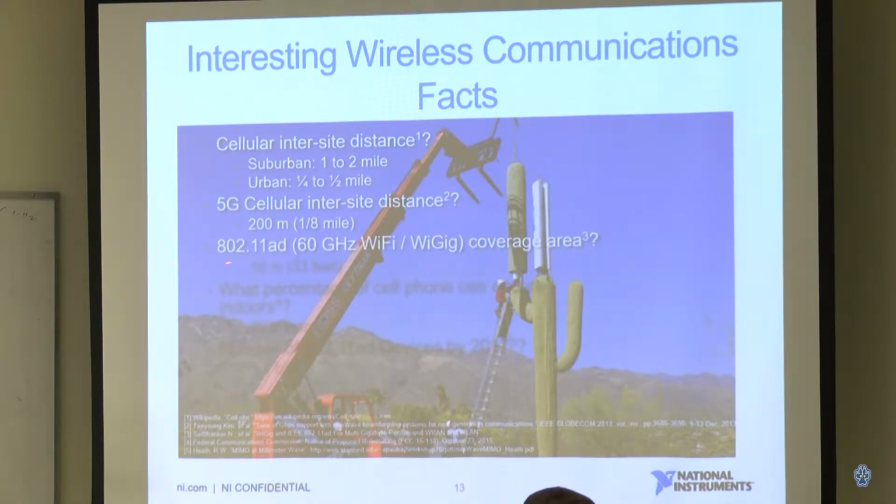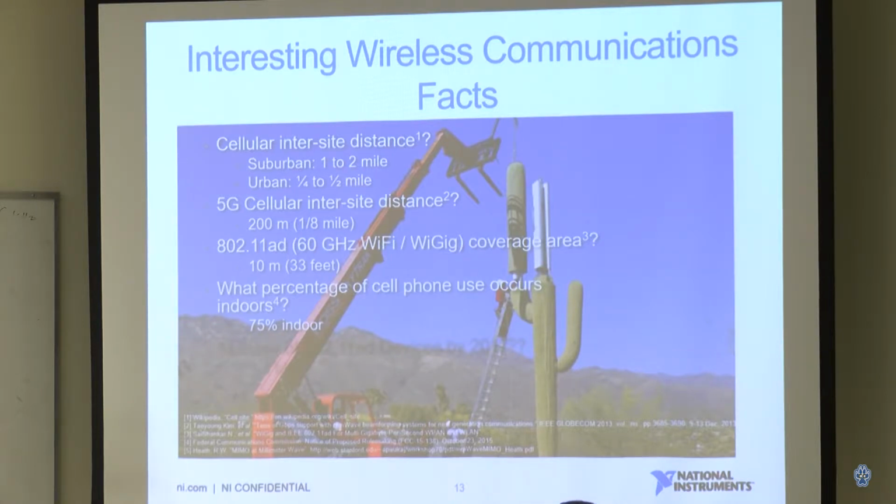So what about the 802.11ad 60 gigahertz Wi-Fi coverage area? 10 meters. So the higher the frequency, the smaller your transmitter distance. So you have a limitation. There is also a statistic about where people use cell phones most of the time: 75% of people use the cell phone indoor.